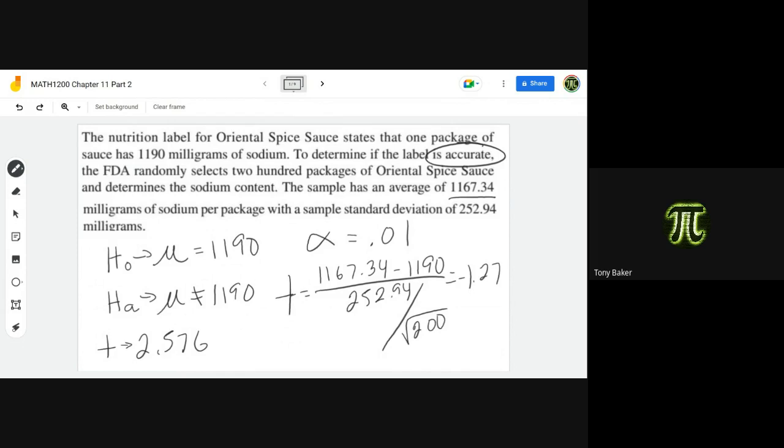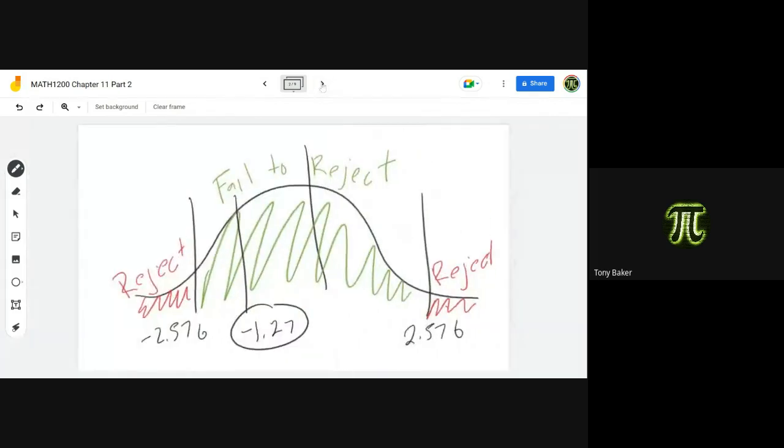Could you explain why it's fail to reject again? My rejection region is from negative 2.576 to 2.576, and outside of that is rejection. My brain was putting the negative 1.27 as the two numbers.